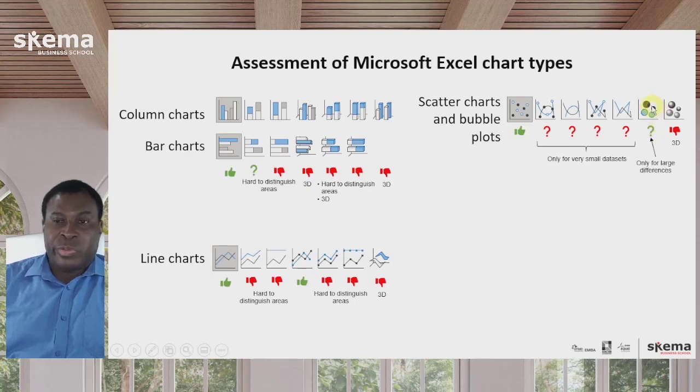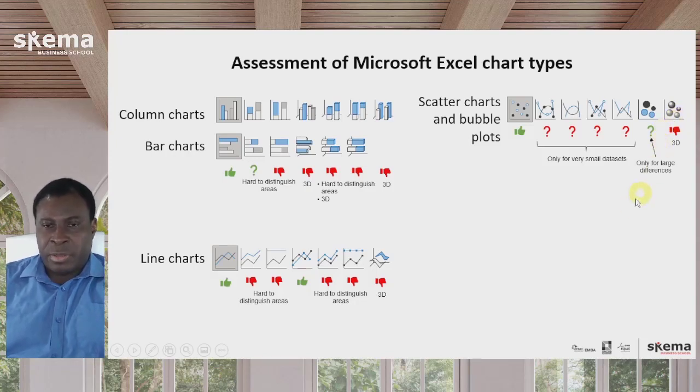There's a large difference between them. The two blue dots, not so large. You have to look a little bit carefully to know that the one on the left is larger than the one on the right, and that's the challenge with bubble charts. However, when you add 3D to it, it adds nothing except obscuring the relative sizes, and it's just not recommended at all.